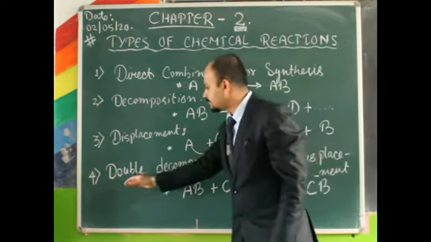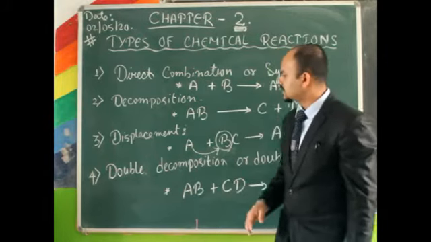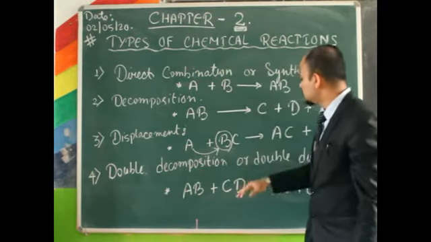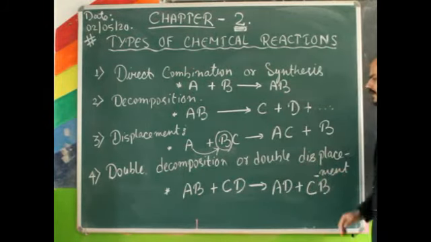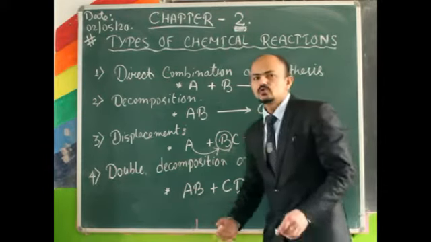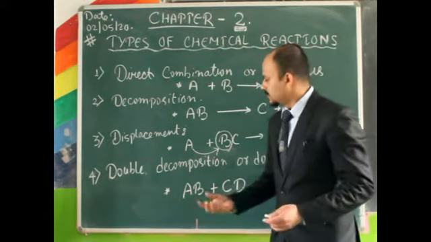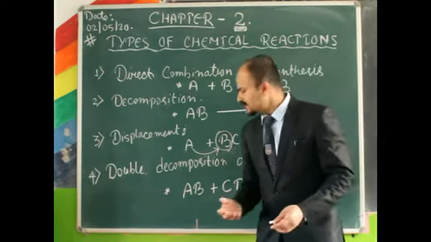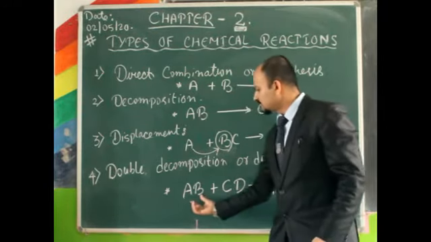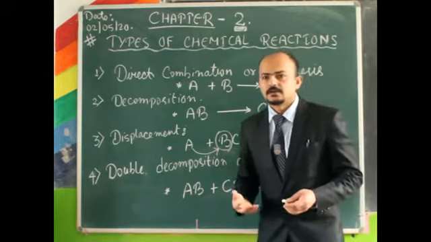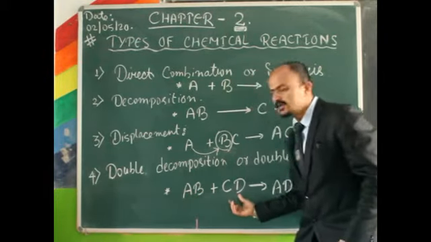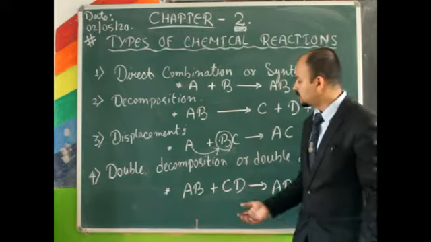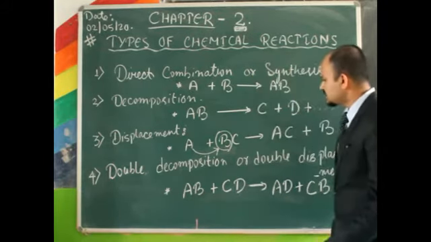Now the fourth type of chemical reaction is double decomposition or double displacement reaction. Here, 2 different compounds, AB is reacting with CD. In this reaction, both of these reactants are in solution state. Here, how does the reaction take place?